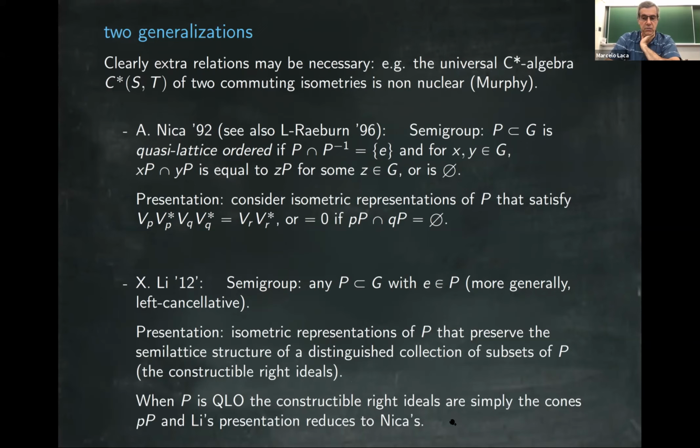I'll explain in a minute what they are. And when P is quasi-lattice ordered, then these constructible ideals are simply these cones, P times P, the cones with vertex on the elements of the semigroup.